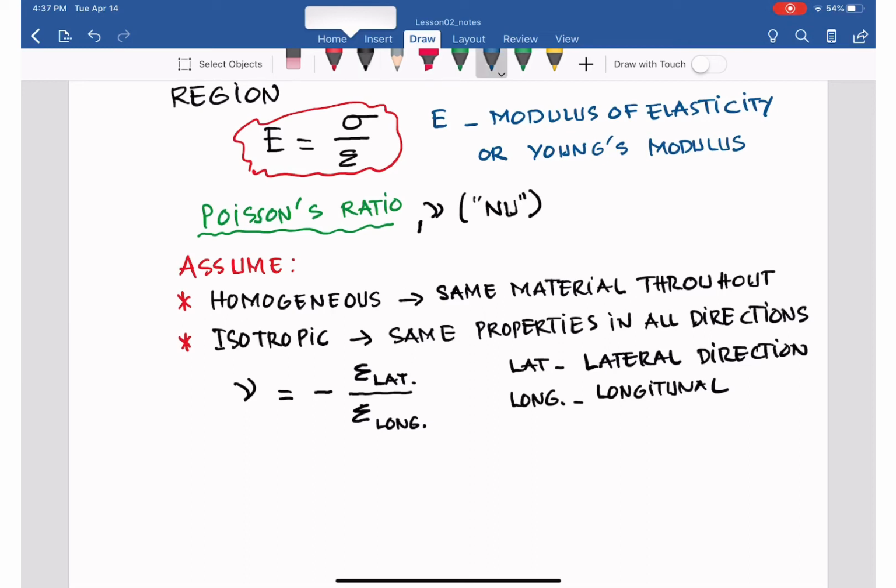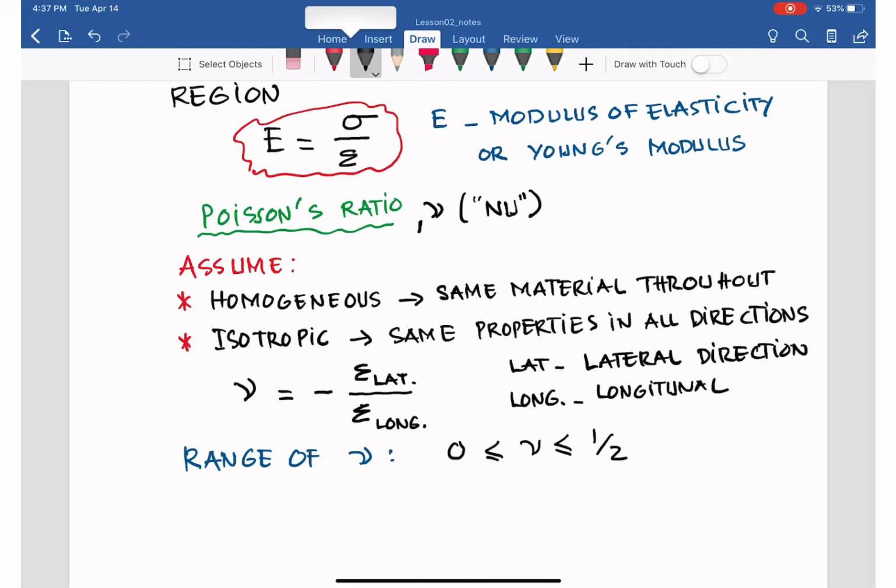For different materials, nu has a range, and I'm going to show it here. The range of Poisson's ratio nu is somewhere between 0 and a half. So nu is greater than 0 and less than a half.